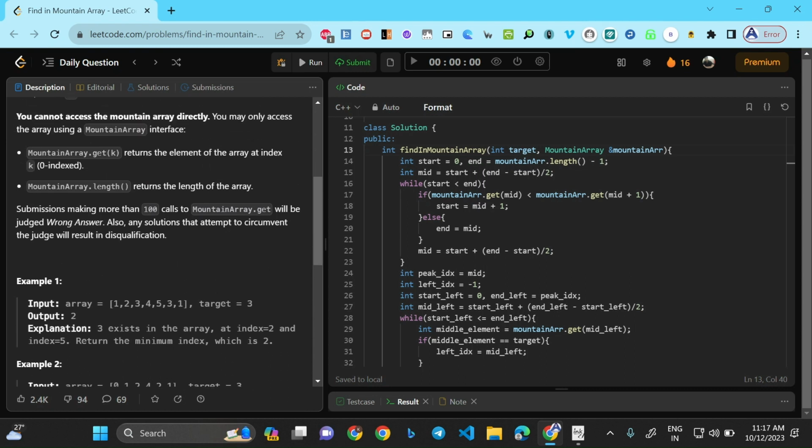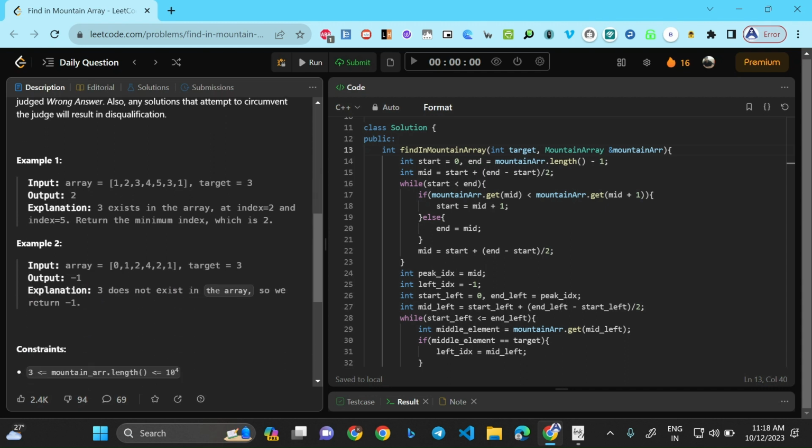But that does not work because there are only 100 calls at maximum. So we cannot call more than 100 times. That is the reason we should not go for an O(n) time complexity solution. Rather you must stick to some solution which uses fewer than 100 calls to find the required index of the target.